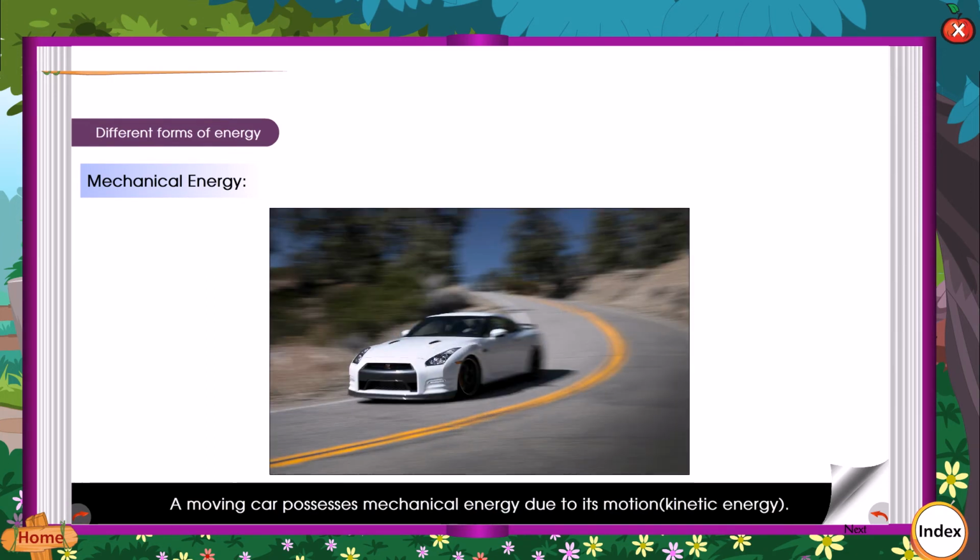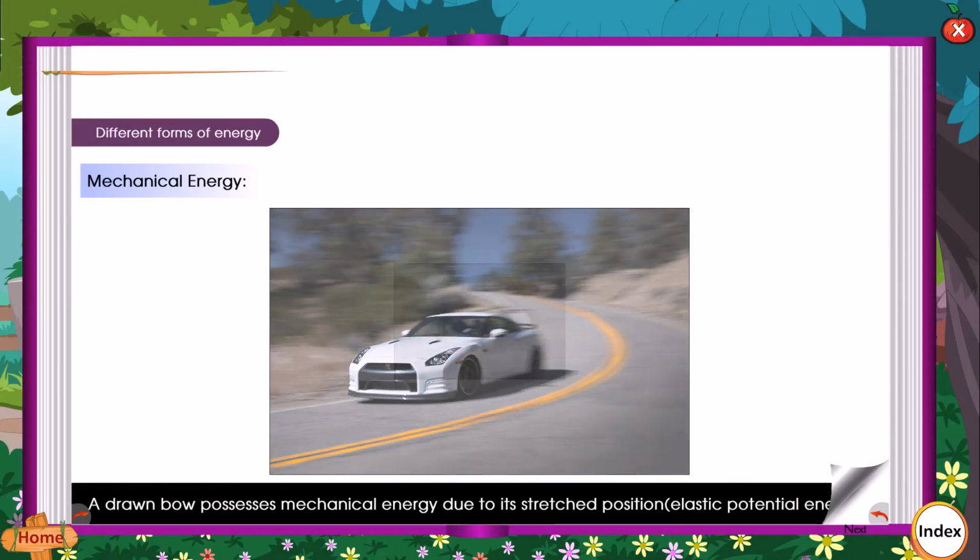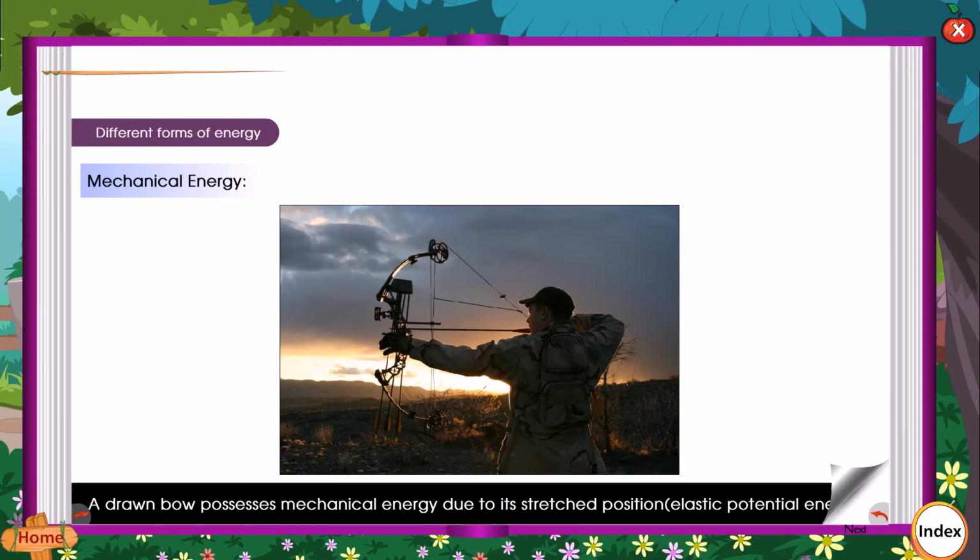A moving car possesses mechanical energy due to its motion, kinetic energy. A drawn bow possesses mechanical energy due to its position, elastic potential energy.